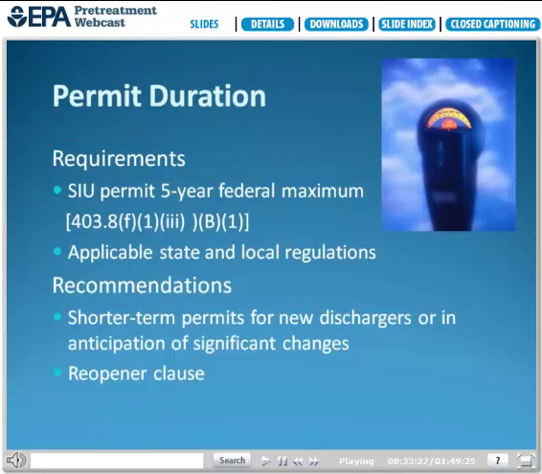As long as the POTW control authority has the legal authority to do so, and the procedures to demonstrate that such decisions are not arbitrary and capricious, the POTW is able to do this.